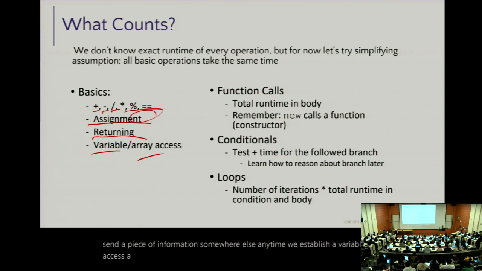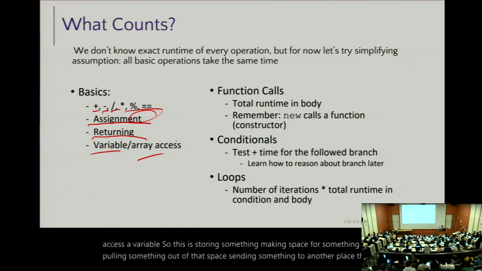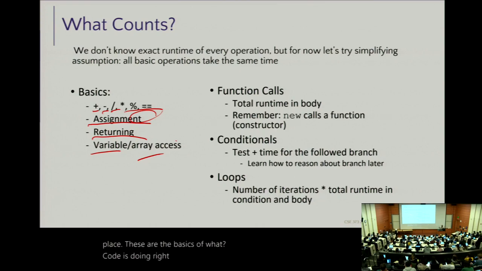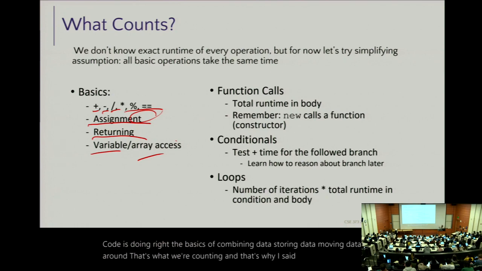So this is like storing something, making space for something, pulling something out of that space, sending something to another place. These are the basics of what code is doing, right? The basics of combining data, storing data, moving data around. That's what we're counting. And that's why I said we're getting close to what's underneath the hood, the foundational instructions of what we're asking our computer to do.